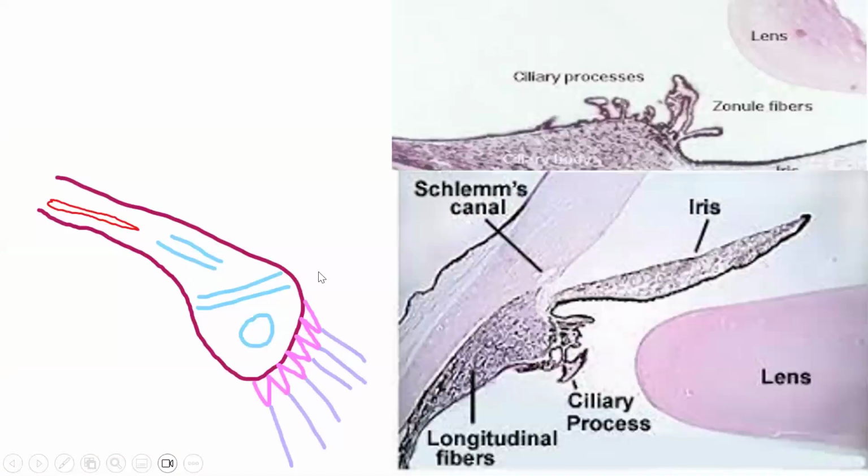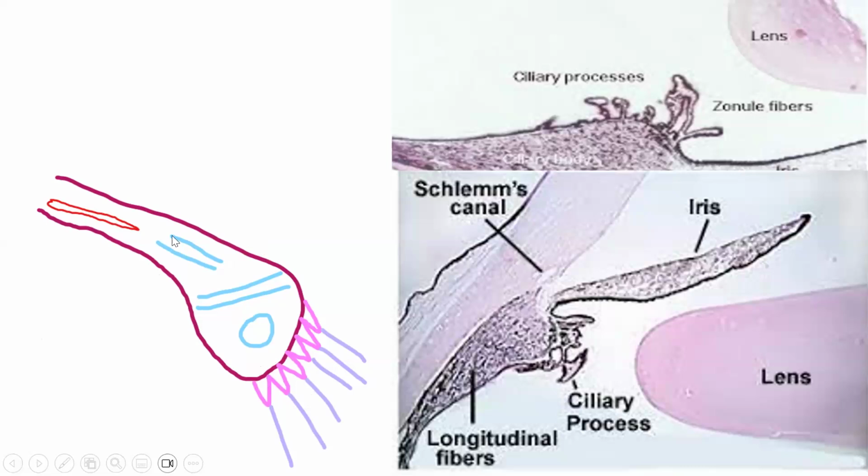Let me come here. This is a schematic diagram, obviously not histologically accurate, of the ciliary body, the entire thing. These are the ciliary processes, this pink thing. These purple thin lines are the zonular fibers or the suspensory ligaments.